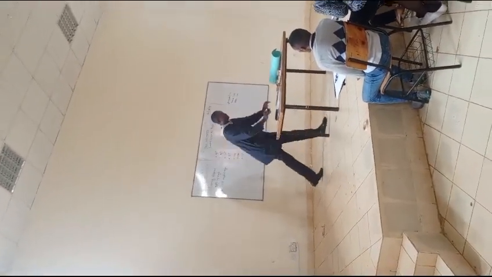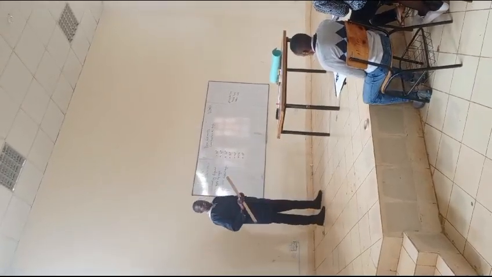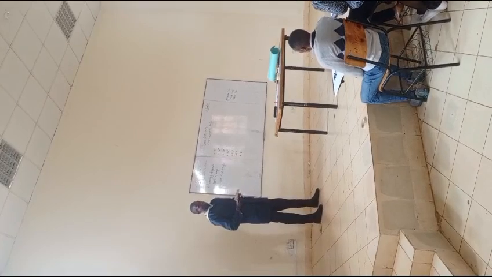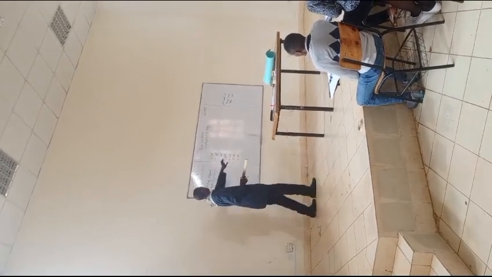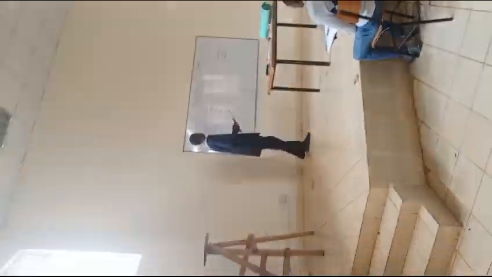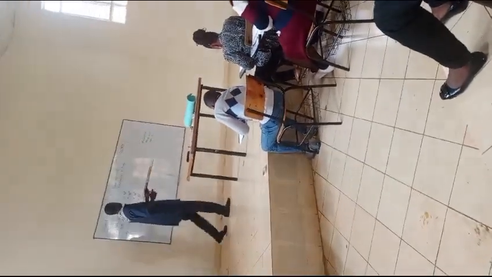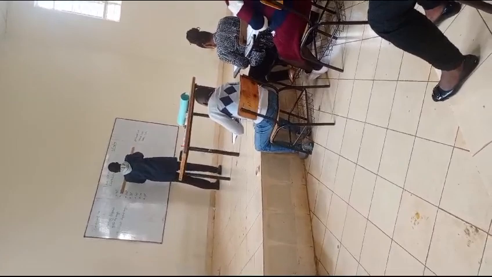Are we together? Now, the basic one, as I do, you are also doing, to save on time. For example, when you want to construct 90 degrees, the first procedure is you develop the horizontal line.